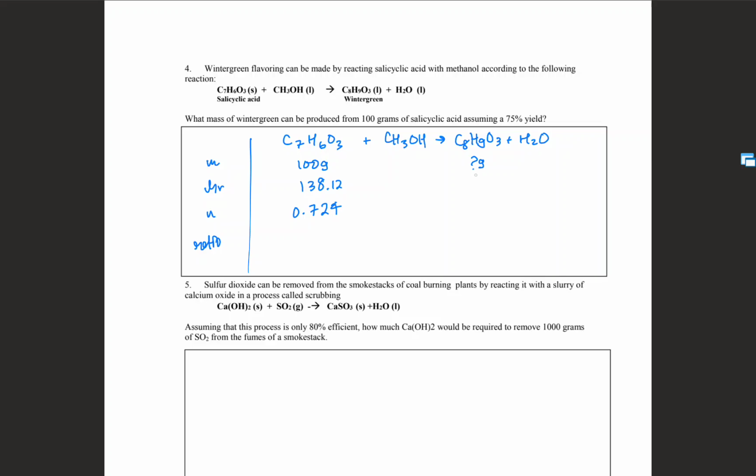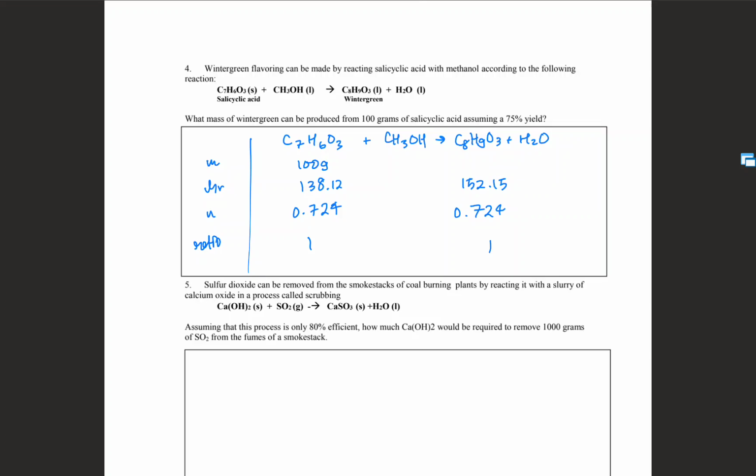And for wintergreen, it's 152.15. Now, as the ratio is 1 to 1, well, everything's 1, so we can just transfer it directly, 0.724. Now that we know it, we can find the mass. We know both of these.